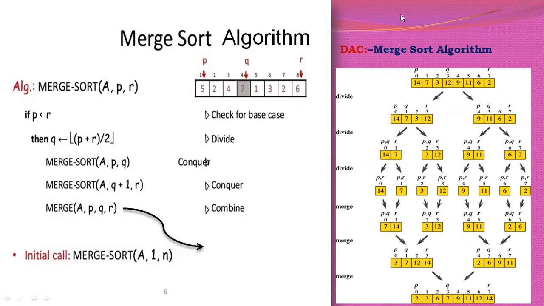Now we will discuss how to write the merge sort algorithm. An algorithm is a step-by-step procedure to solve a problem. Here we will learn how to write an algorithm for merge sort. Before writing the algorithm, we will see an example. Consider an array of size 8.